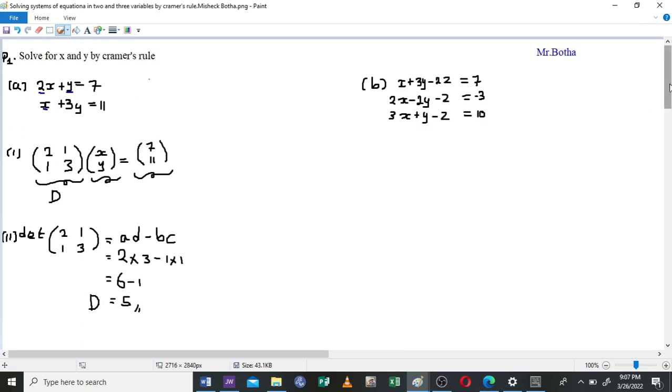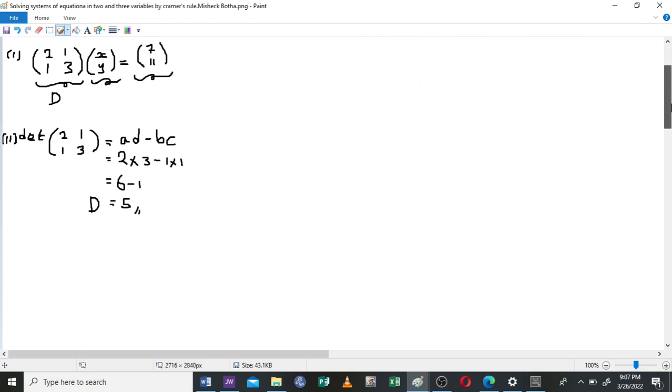Now the next thing we want to do, we want to calculate the matrix Dx. In case you are wondering what matrix Dx is, well, this matrix is formed by substituting the first column of the matrix of coefficients with the matrix of constants.